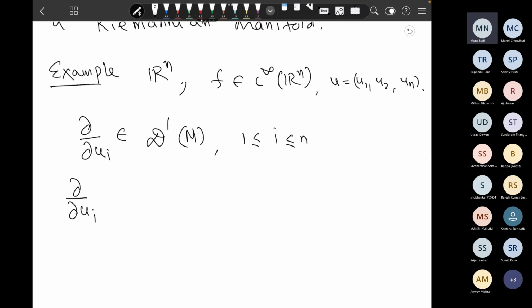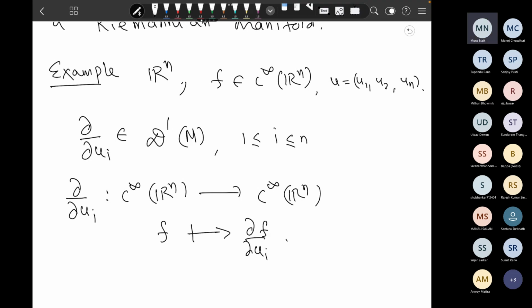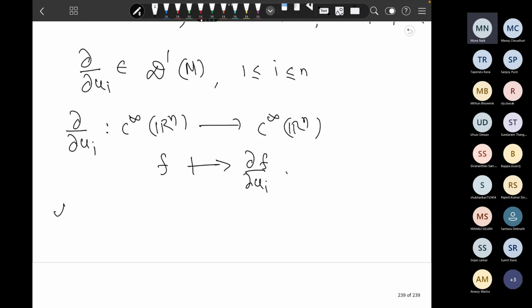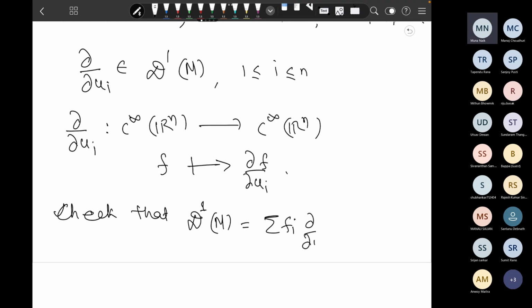By definition, it is a map from C infinity of Rn to C infinity of Rn, sending f to del f by del ui. One can check that D1M is really the set of sums of fi del by del ui, i from 1 to n, where fi is smooth.